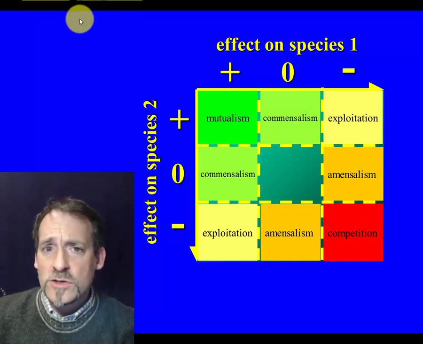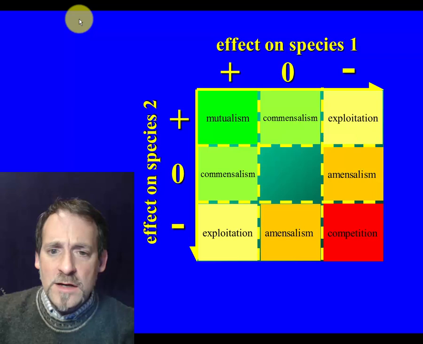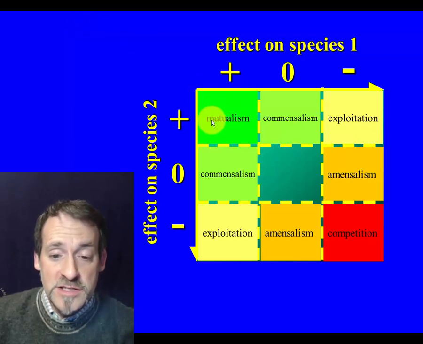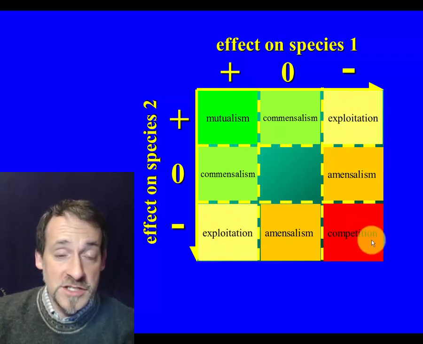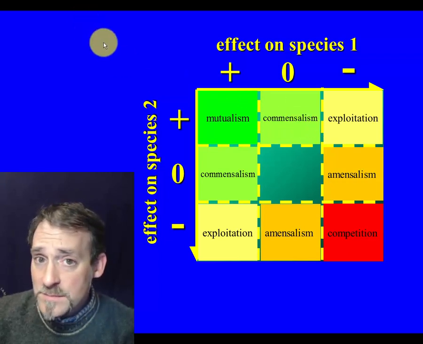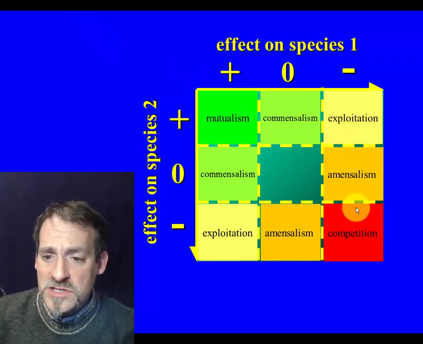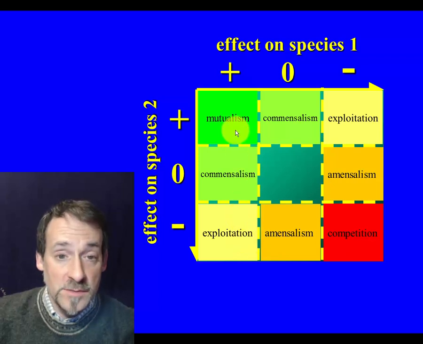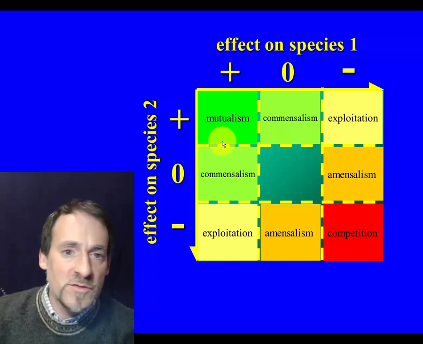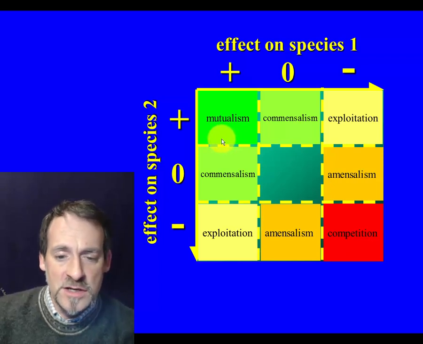So here are the different terms that are involved. In general, what we're going to be most interested in are mutualisms, exploitations, and competition, because those are the most common. In reality, all of these categories occur on a spectrum, so that you can have mutualisms that are much more favorable for one species than the other.